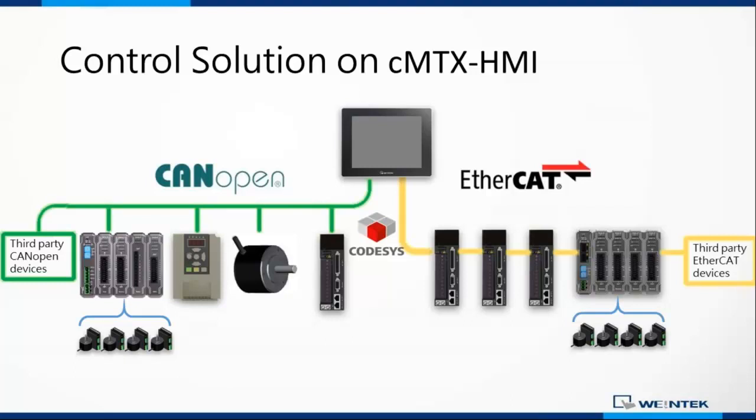You might wonder which protocol I should use in my application. Honestly, in my opinion, it usually depends on what kind of protocol your drive supports and how many axes you will control. Commonly, over a certain number of axes, we use EtherCAT; under that, use CANopen.